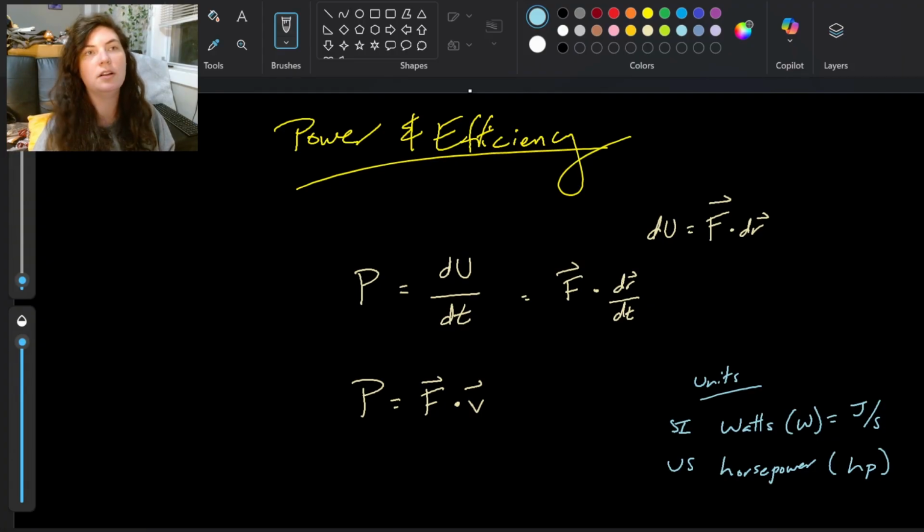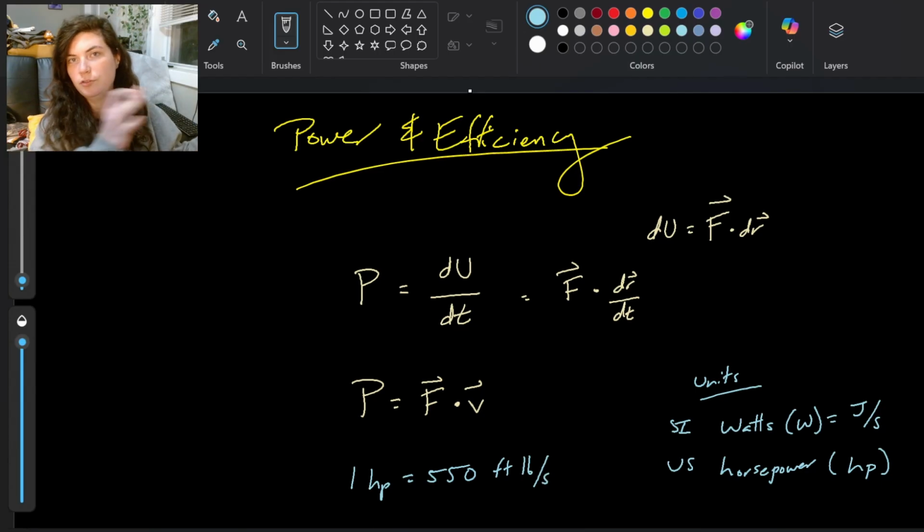The really important thing to note about horsepower is that it has a kind of weird conversion between our standard US units and the horsepower unit, and that is that 1 horsepower is 550 foot-pounds per second, right? So foot-pounds being the unit of work in US units, and then per time.